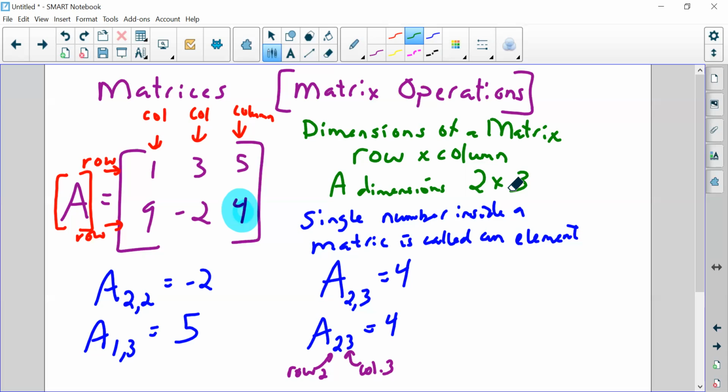So it's a 2 by 3 matrix. Notice when we say it, we usually leave out the word dimension. We usually just say matrix A is a 2 by 3 matrix, and that means its dimensions are 2 rows by 3 columns.